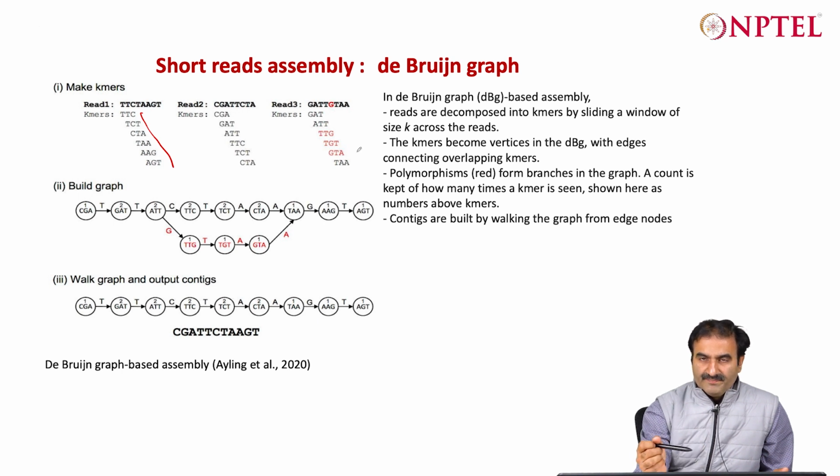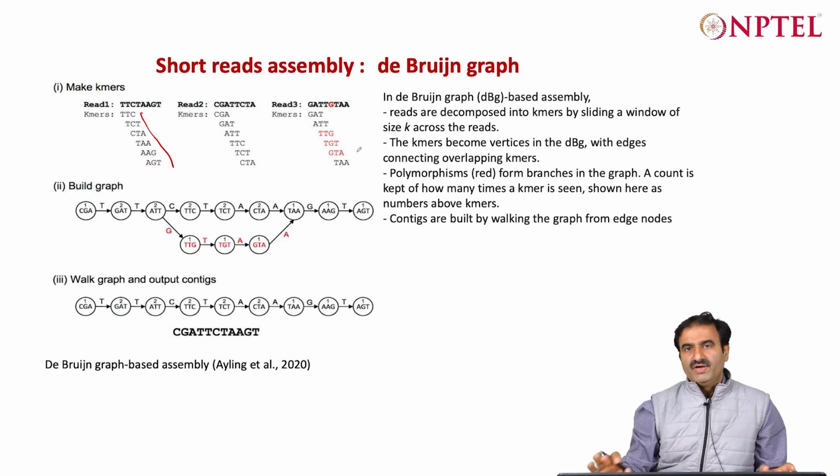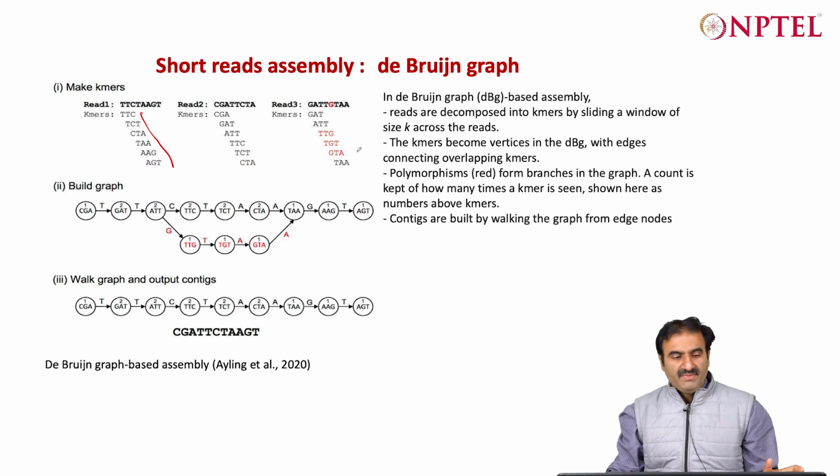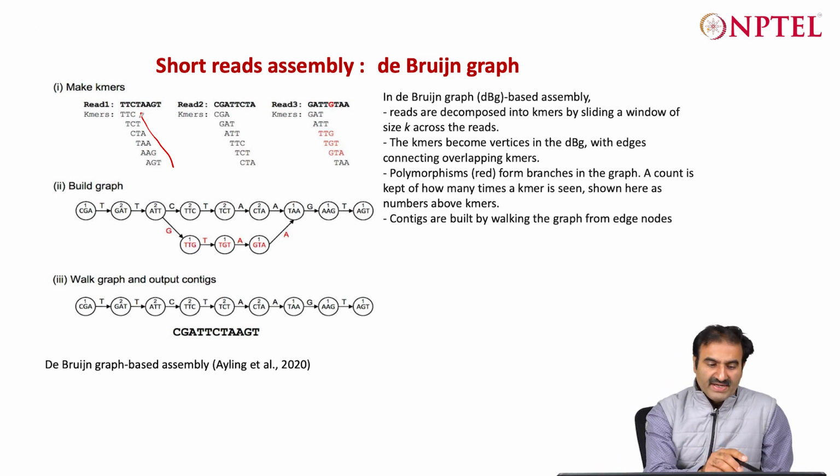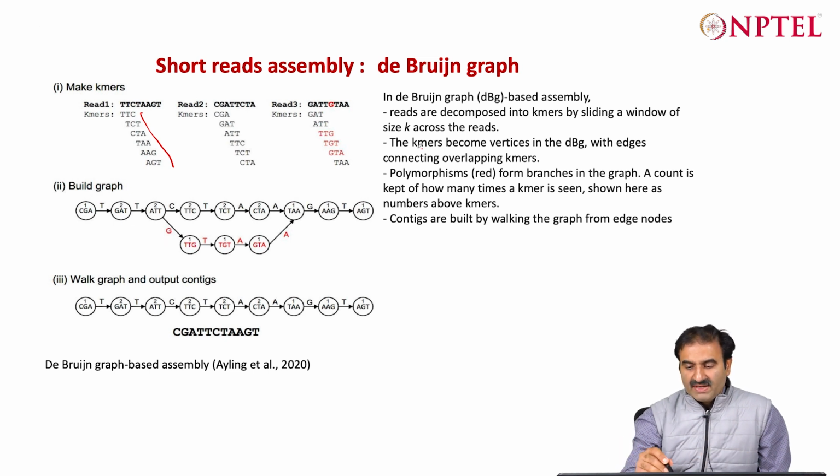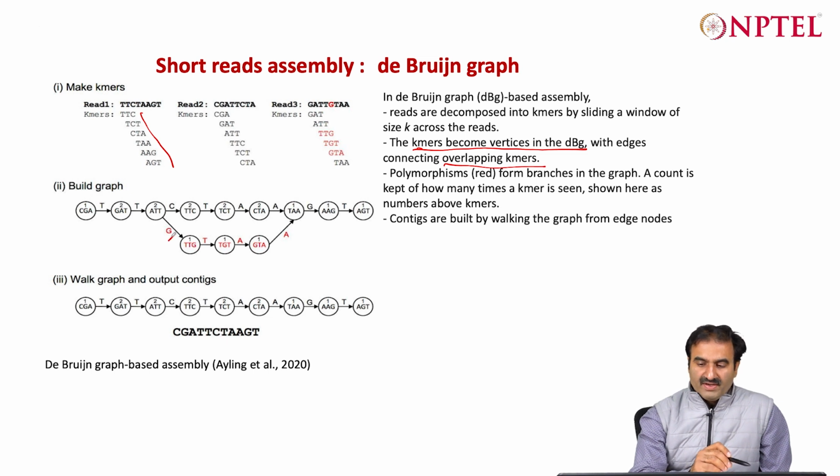So like you are reading a read and dividing that into kmers of, say, length 3. First you make the kmers, then you build the graph. The kmers that you have derived, like TTC, TCT, TCTA, CG, you connect them in order, and each kmer becomes a vertex in the DBG, with edges connecting the overlapping kmers. There can be situations of polymorphism or heterozygosity, and that will form some parallel branches in your graph.